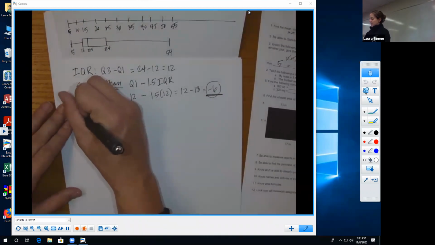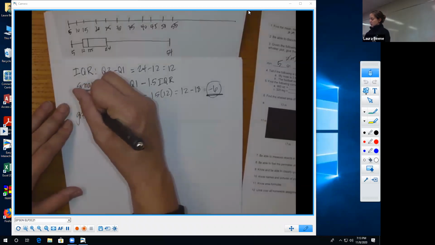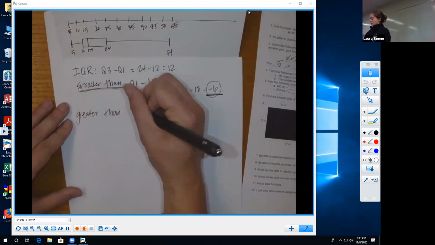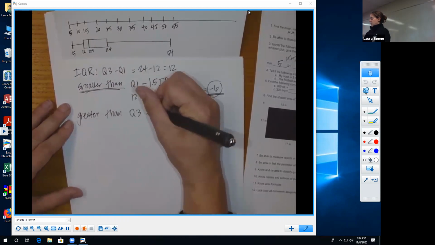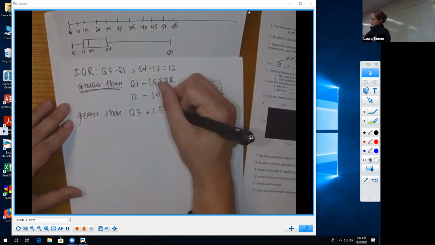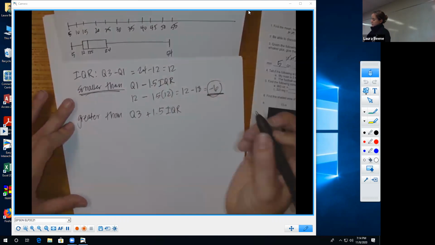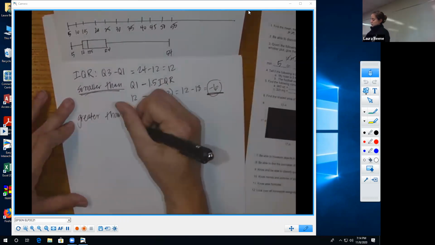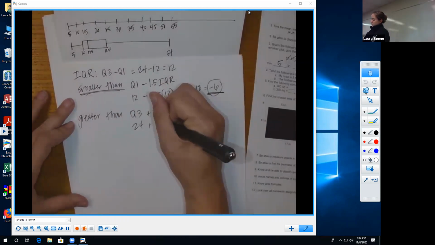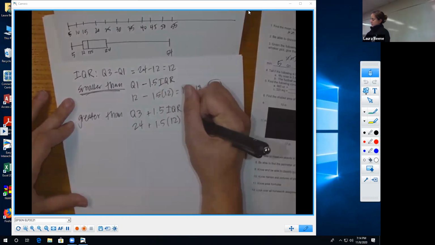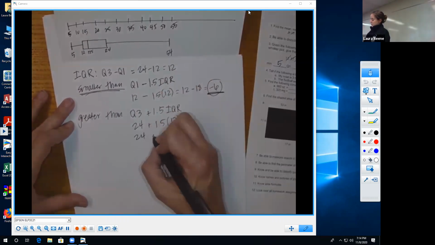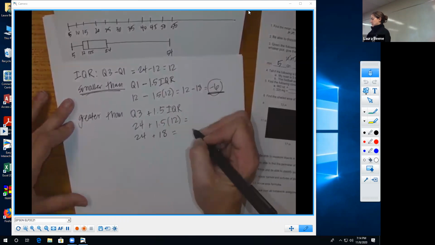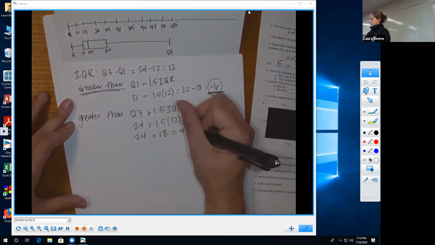The other set of outliers are numbers greater than Q3 plus 1.5 times the IQR. Q3 is 24. 24 plus 1.5 times 12 would be 24 plus 18, which is 42.